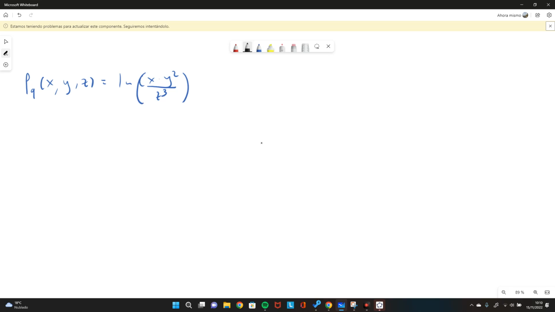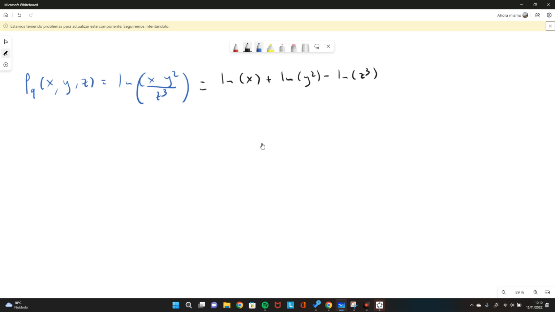And yes, here you have to apply, well, you don't have to, but it's much better if you apply the rule of the logarithms. And so here, instead of having this quotient, you have three different logarithms. You have the logarithm of x plus the logarithm of y squared, which is something else now, minus the logarithm of z to the power of 3.